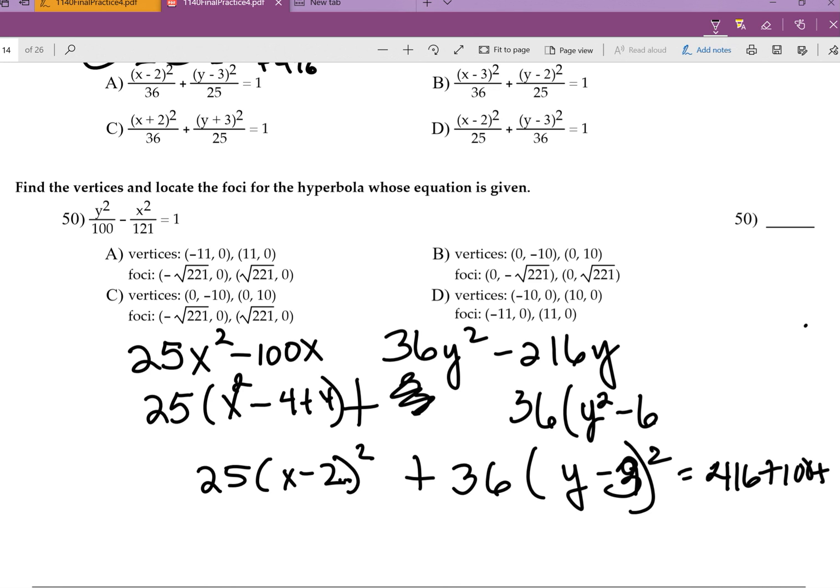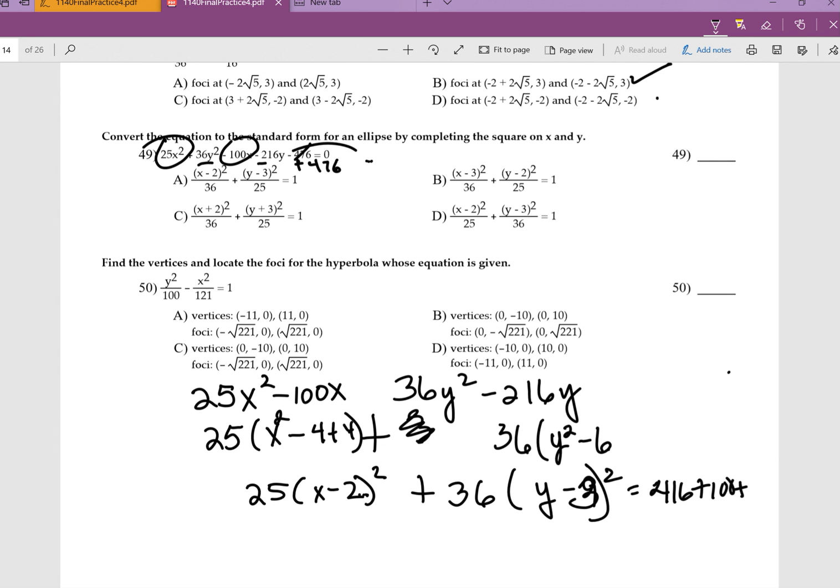And so, let's see. We end up with 900. All of this ends up being 900.